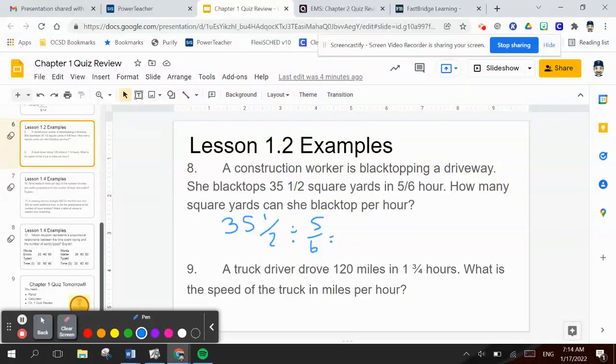So to change 35 and a half to an improper fraction, I multiply 2 times 35, which is 70, add the 1, which is 71 over 2.